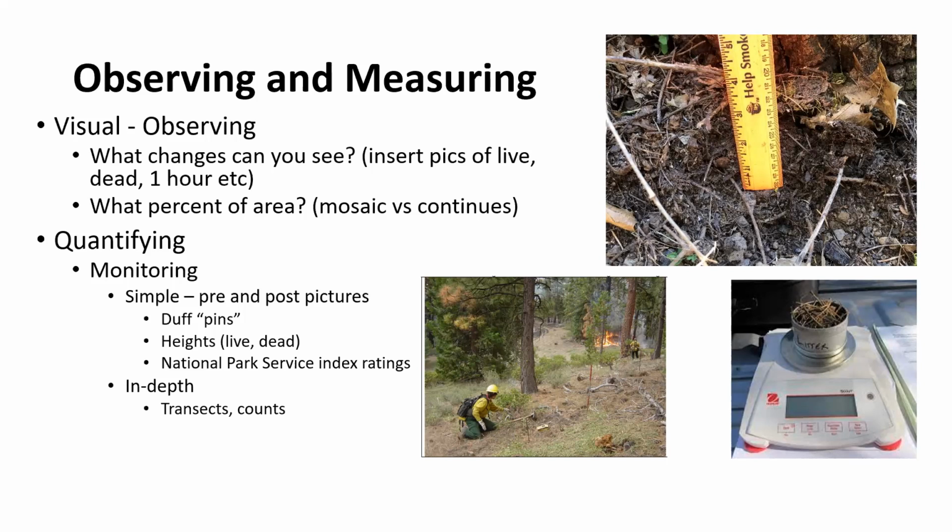They'll take a photo before and after of the same area. And you may be looking at how much live understory fuel there is. Like in this photo on the lower left, you can see maybe about 40% of the area is covered with shrubs and 60% with litter and down branches and debris.